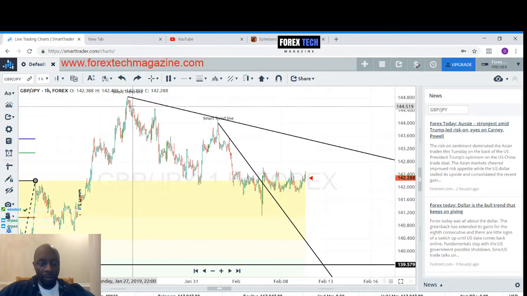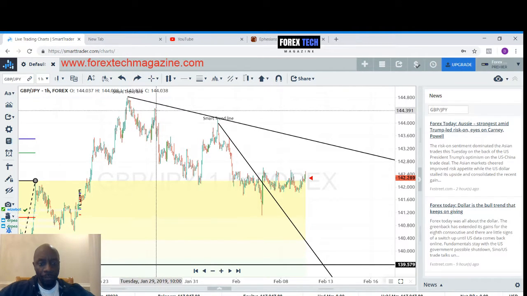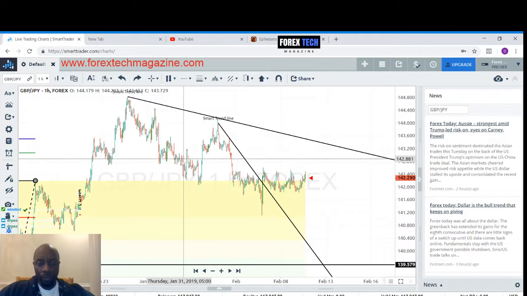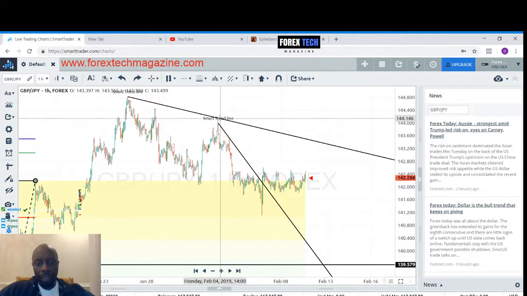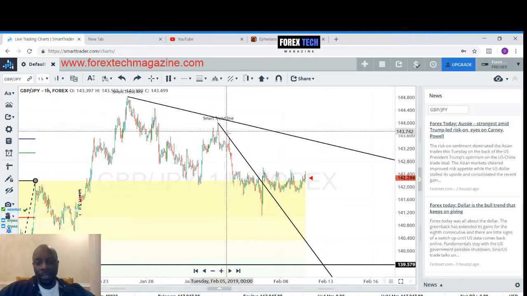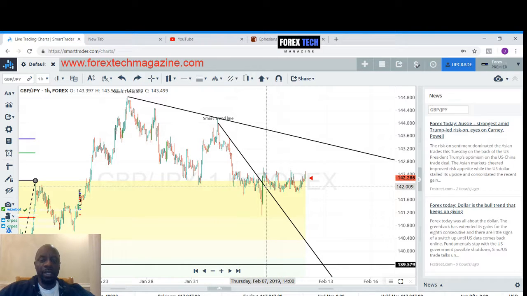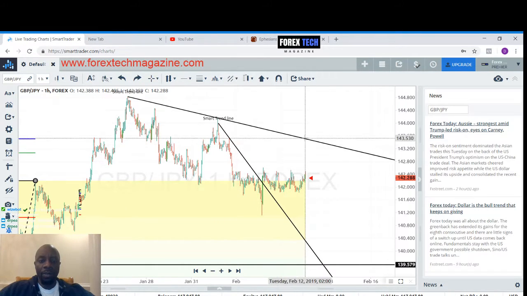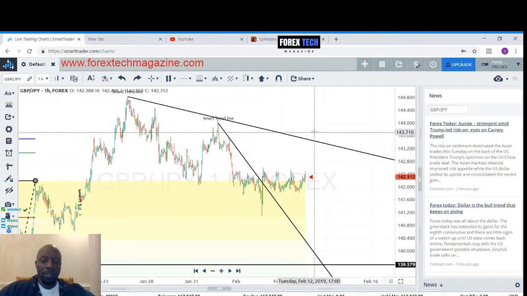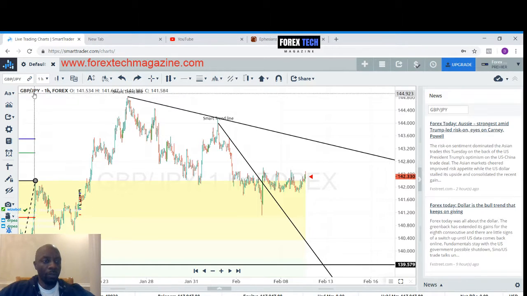As you see, it's happened already several times. Price came up here, didn't quite hit it, but U-turned when it got close enough. Came up here, hit it, definitely U-turned. So the same thing could happen again. What we're looking for is a break above this to signify that buyers are in the market, people are running into this pair, and we want to ride that move up as well.